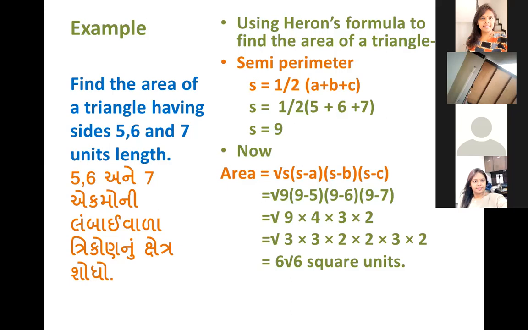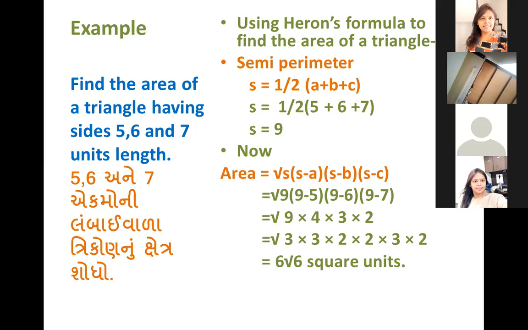That gives you the area. So these are the definitions, and they depend on the different types of triangle. Remember, if the base and height are given, you use the formula half times base times height.